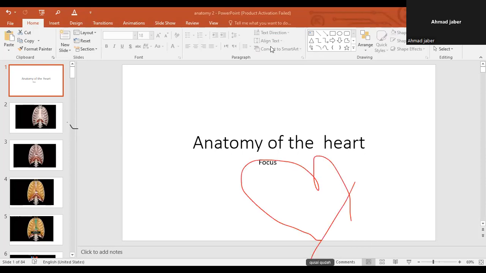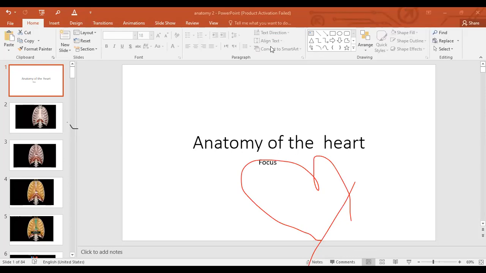Who's that? Qusay, please don't do that again. Okay, wait a minute.